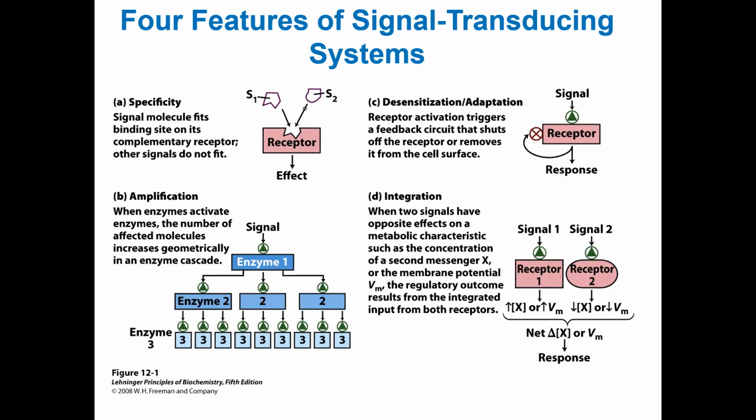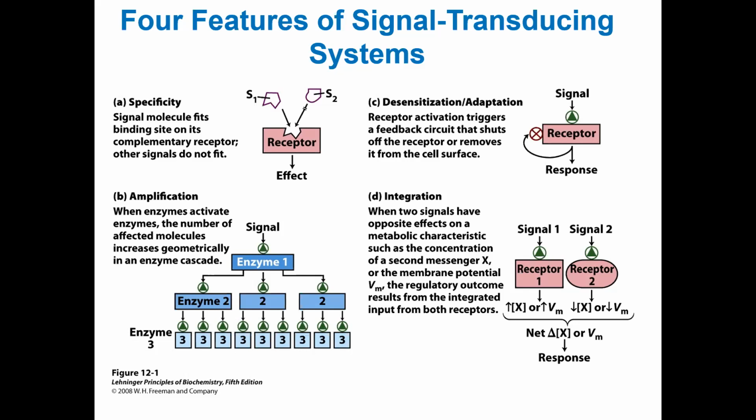It turns out that whatever that signal is, as I said, it could be a small molecule, or a hormone, or another protein, and so on. These signals are actually disposable chemical entities. When they bind to their receptor, they elicit a physiological response, whatever that response may be.